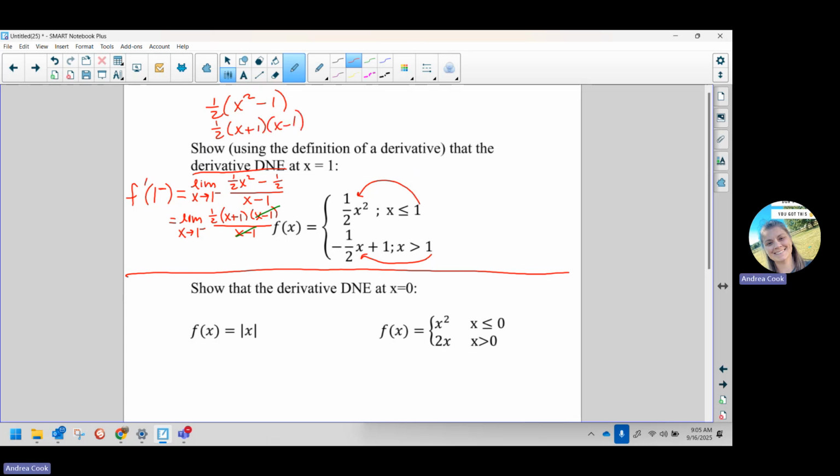All right, so when I plug in, what is my derivative as I approach one from the left? One. It's the definition of derivative. So this is the limit as x approaches c of f of x minus f of c, all over x minus c.